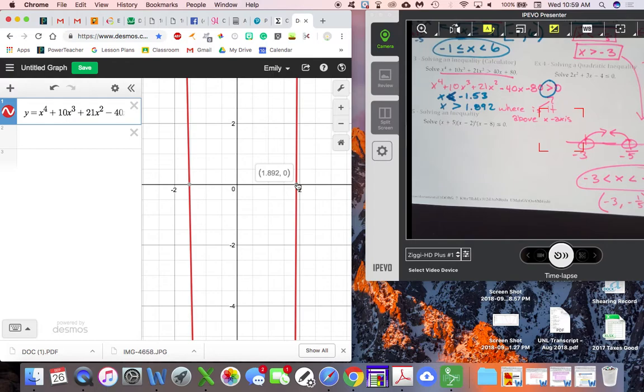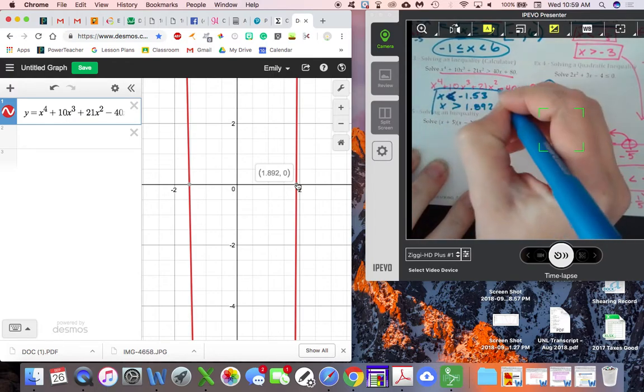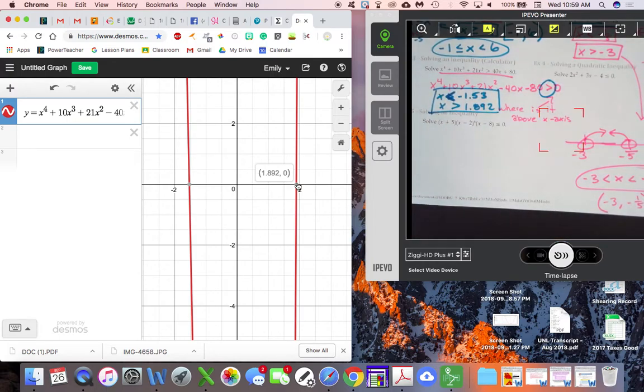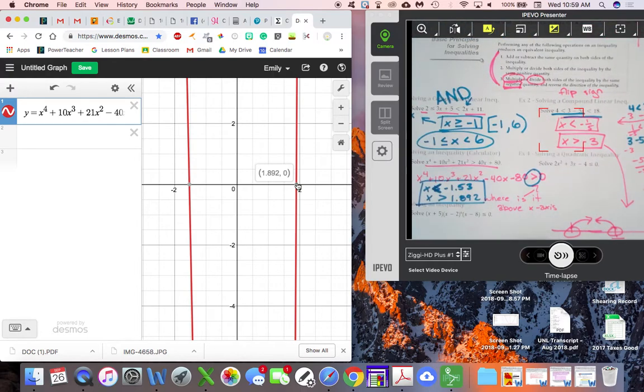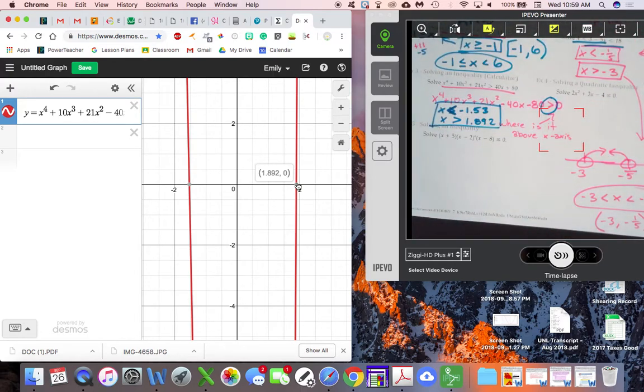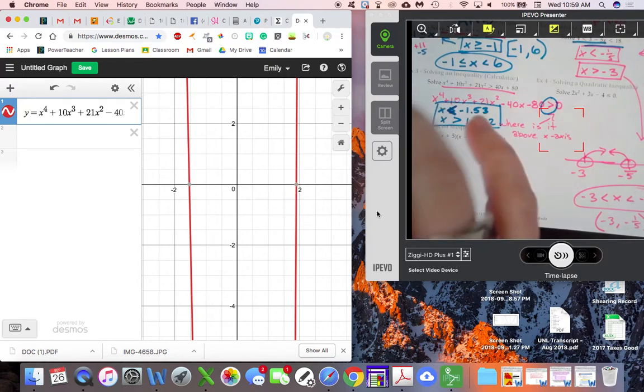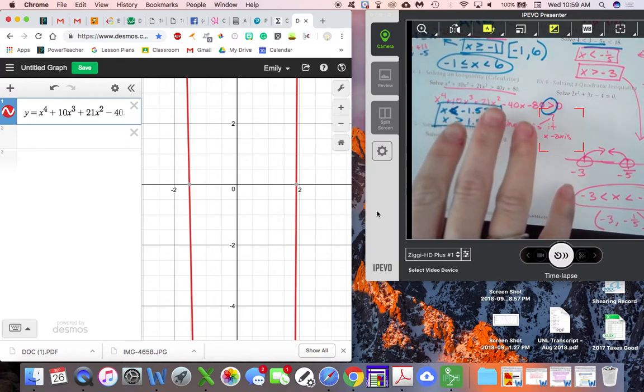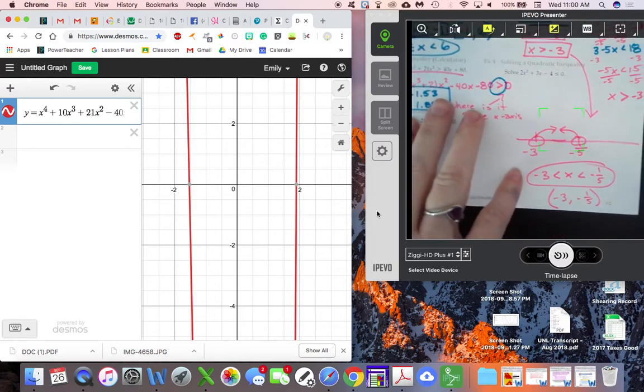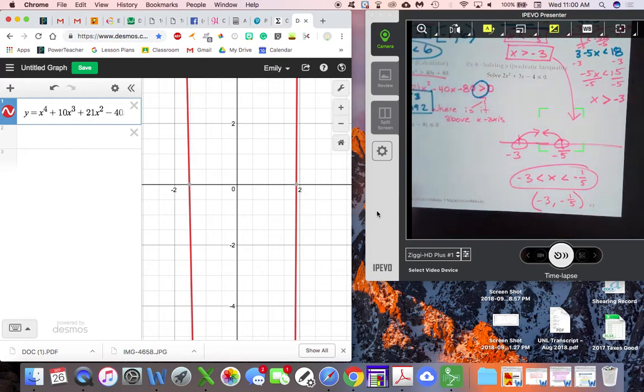Does that make sense? So these are my only two solutions. That's finding the answer by graphing. Now, you can easily do that with any of these other ones to check, to make sure. Okay? And there's that. Does that make sense to you? Visually, it's kind of hard to see maybe, but that's it.